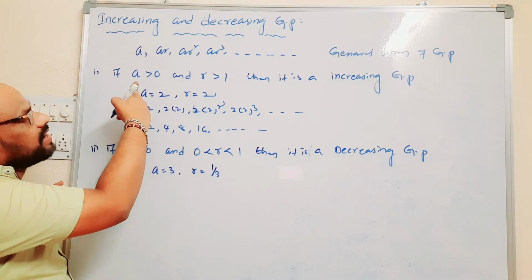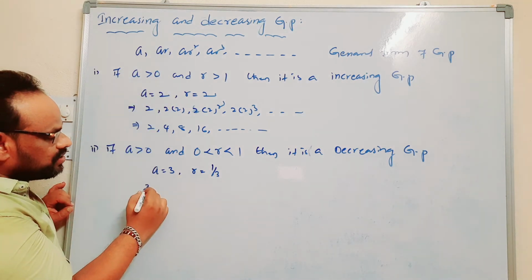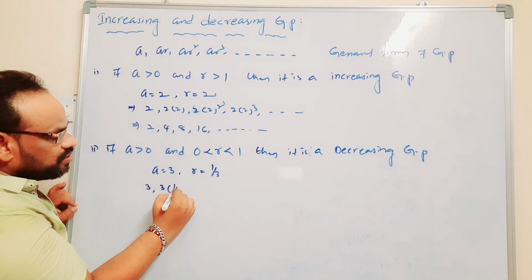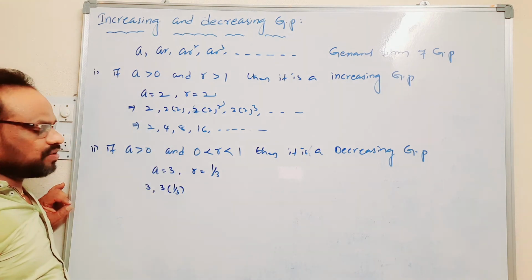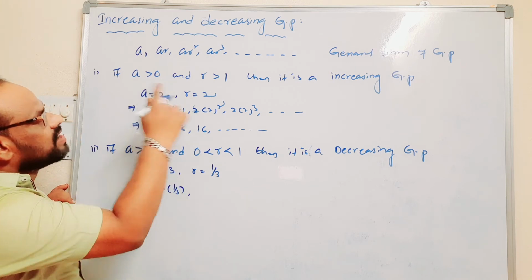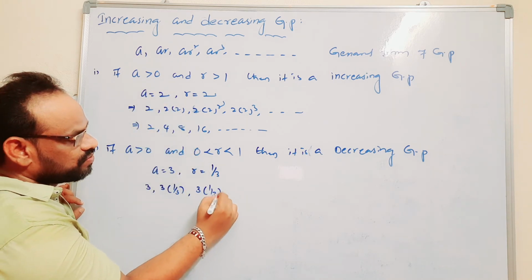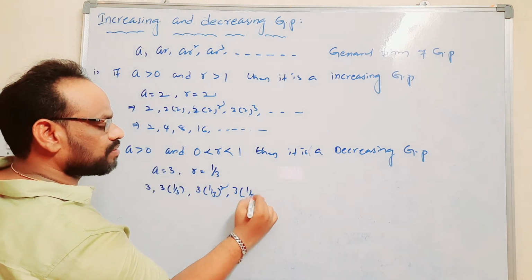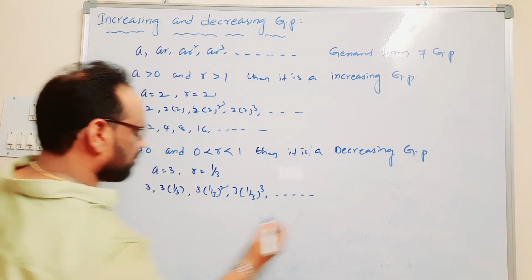So write the GP: A is 3, AR means 3 into 1 by 3, comma, AR square, 3 into 1 by 3 whole square, comma, AR cube, 3 into 1 by 3 whole cube, comma, and so on.